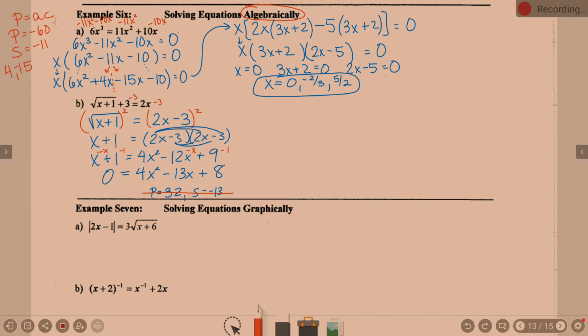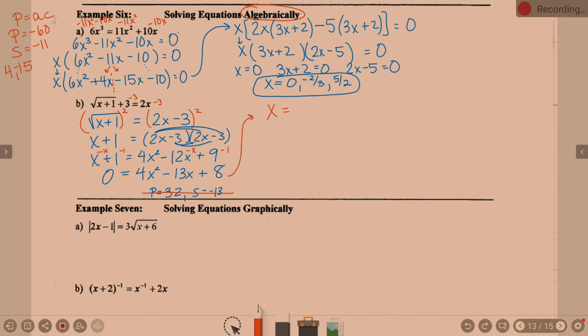So, what's the next plan? Quadratic formula. I almost called it distributed. No. Quadratic formula. If all else fails, we're going to go for quadratic formula here. So, x equals negative b.